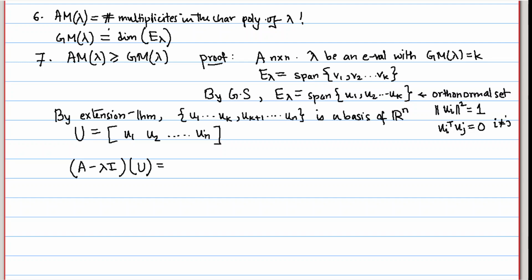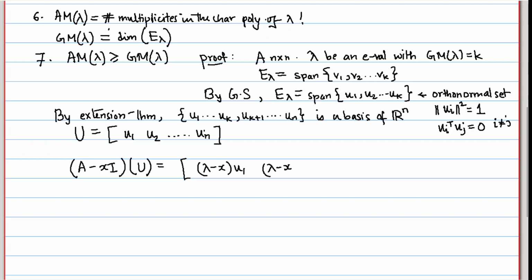Actually, I should have taken not lambda but some variable, say x. What would this be? This would be a matrix whose first column is lambda minus x times u1. What is the second column?